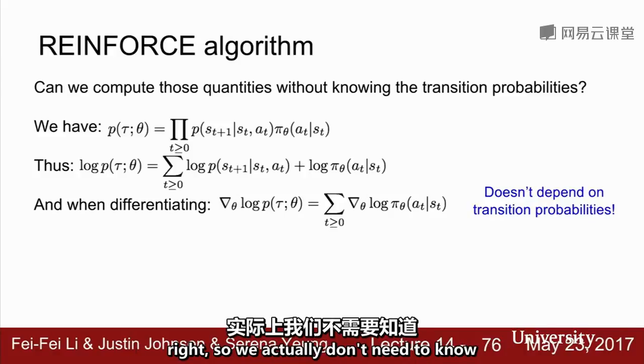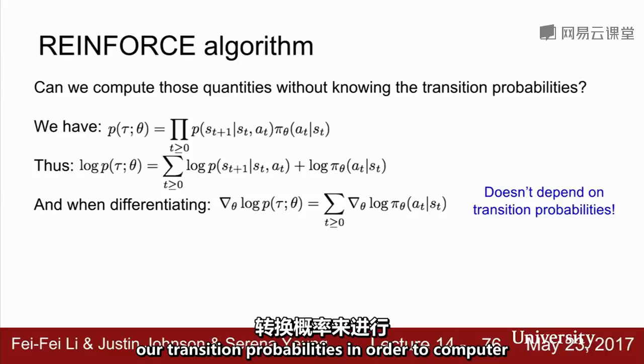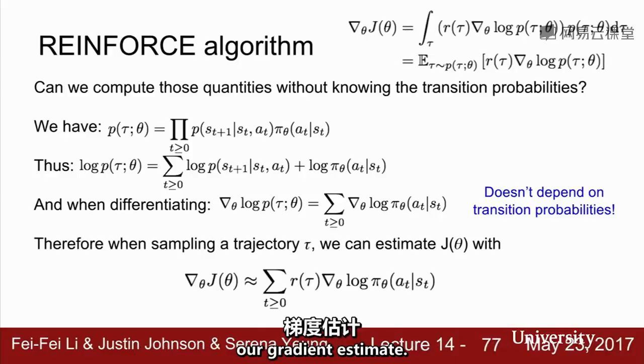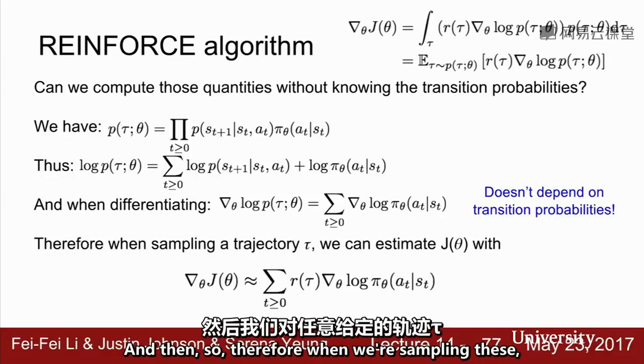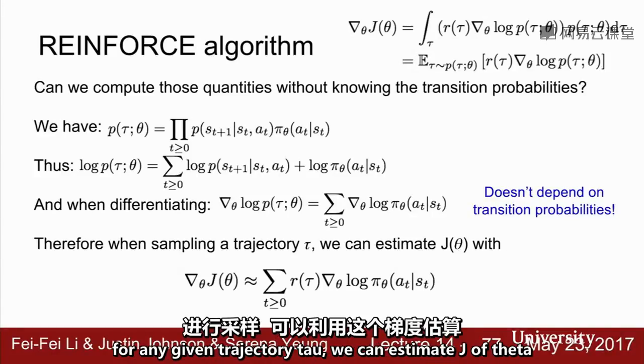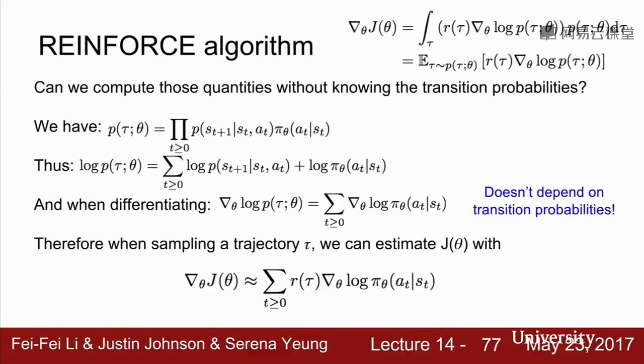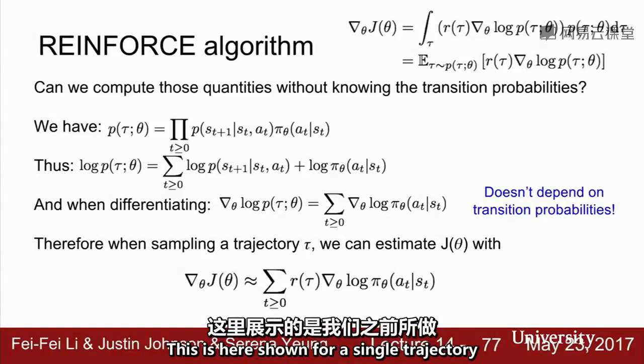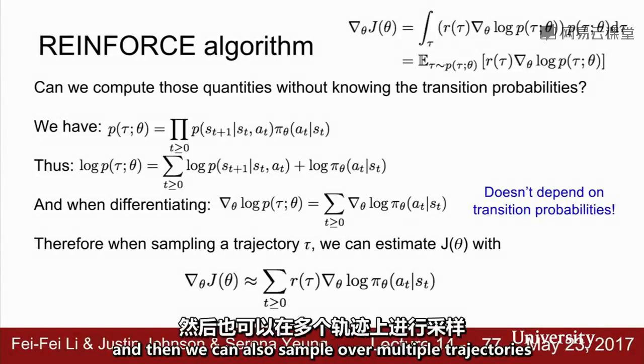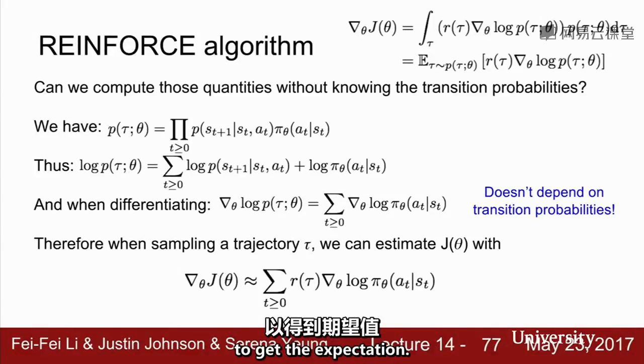We actually don't need to know the transition probabilities in order to compute our gradient estimate. Therefore, for any given trajectory tau, we can estimate the gradient of J of theta using this gradient estimate, shown here for a single trajectory from what we had earlier. We can also sample over multiple trajectories to get the expectation.